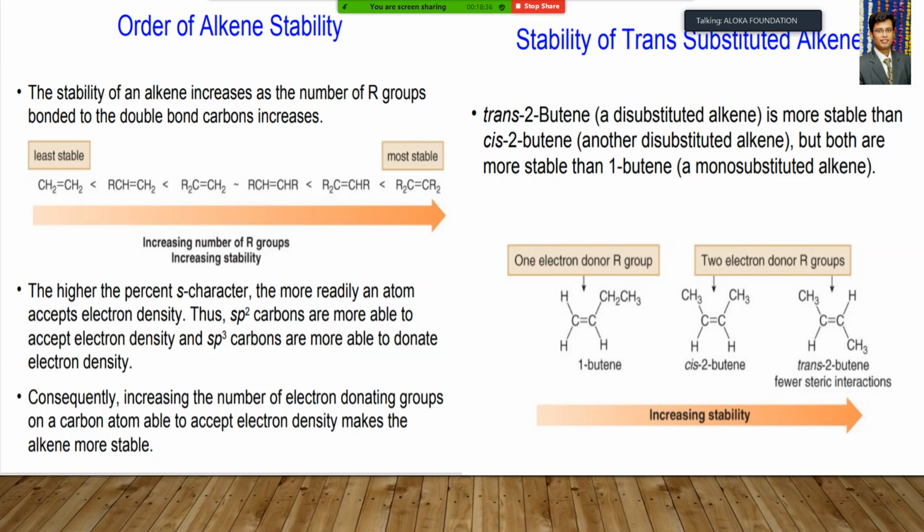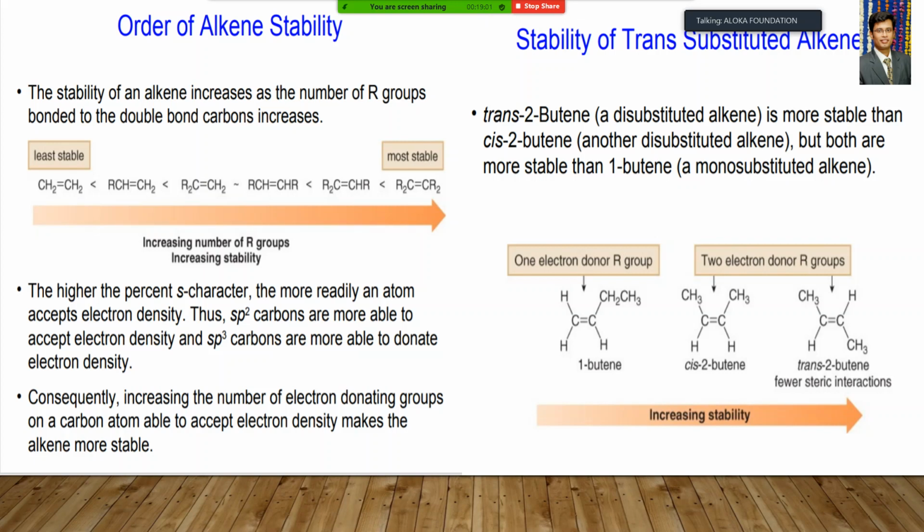The least stable is ethylene, because it does not contain any alkyl substitution. Remember, this can come for 2 marks: the stability of alkenes increases with the increasing number of alkyl groups added across the double bond.